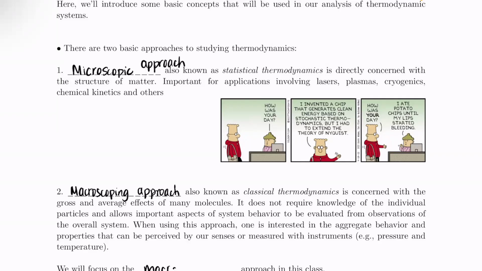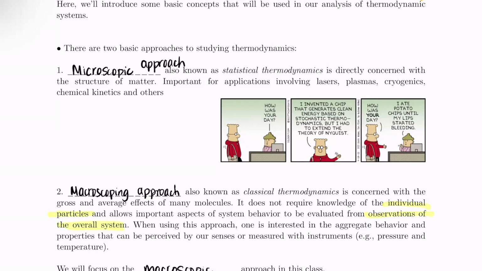So we're gonna assume that everything we're considering is zoomed out enough that we can neglect all of the variations that are happening if we were looking at things on a particle or atomistic level. Okay. In other words, we don't need to have knowledge of individual particles, and we can evaluate things from observations of an overall system. Okay.